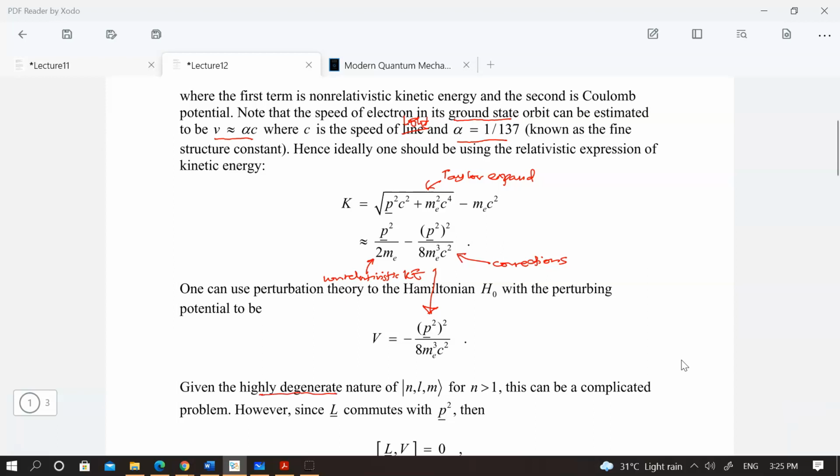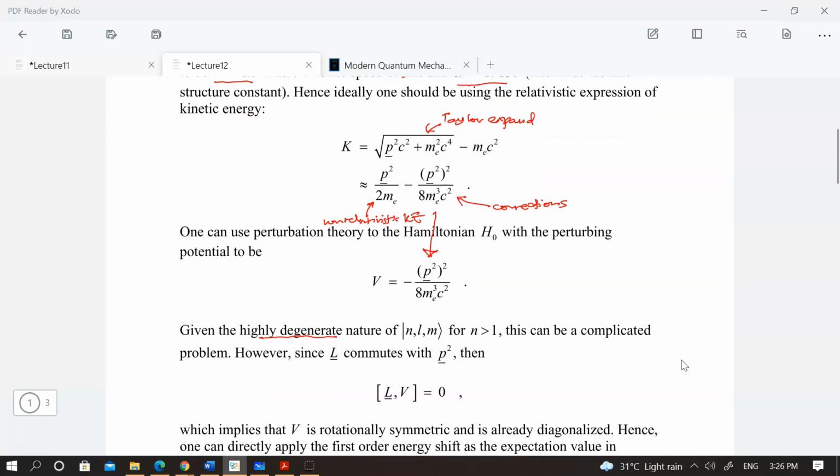So this can be a horrible thing to do, but we try to make use of another fact that simplifies this, which is that your angular momentum operator commutes with p squared. Essentially, if you remember, your L commutes with H. So your L commutes with p squared.